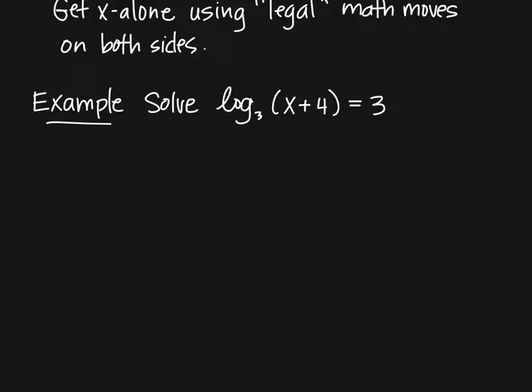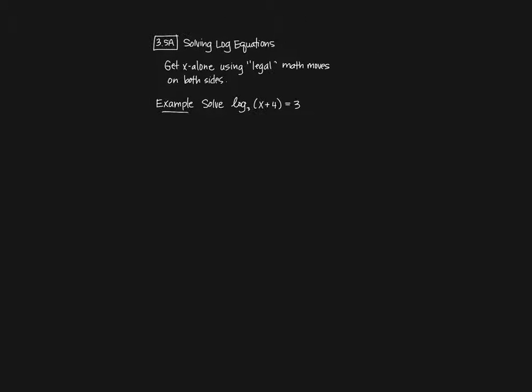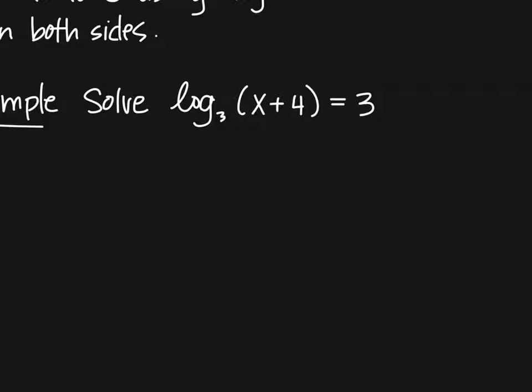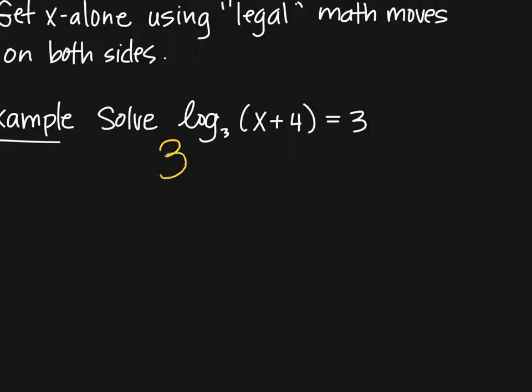So what we're going to do is shrink this down to a little small problem, and we are going to introduce the base of 3 on both sides. This is called exponentiation. You don't have to know the fancy word for it. But what it does is it shrinks each side. So we've got big 3, and now we have little log base 3 of x plus 4.